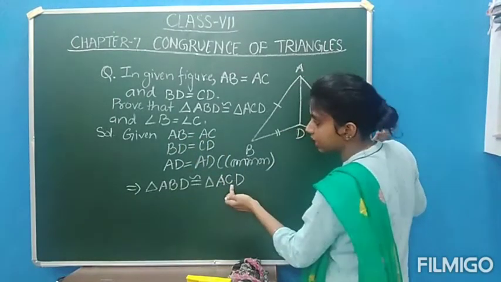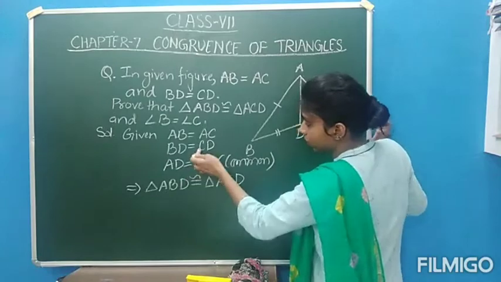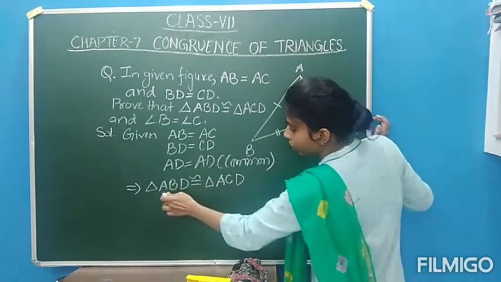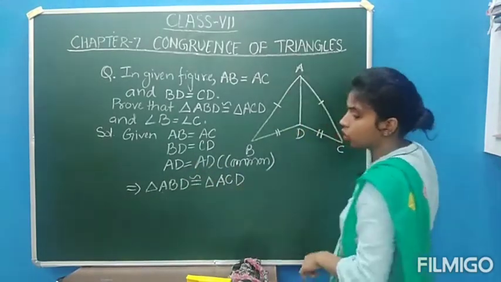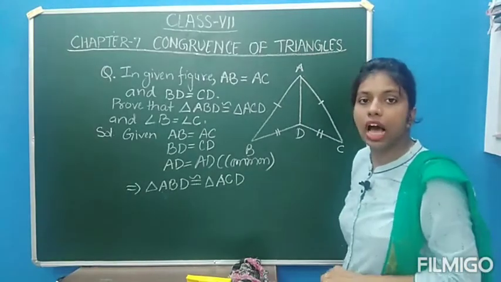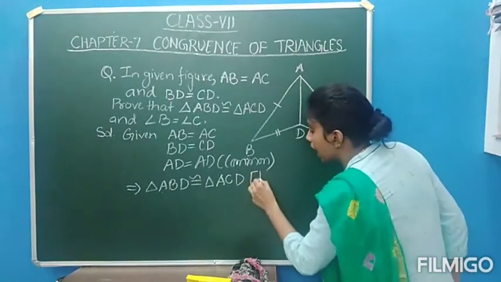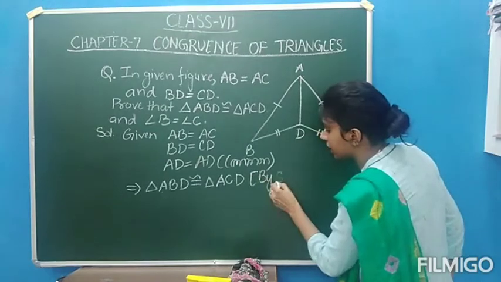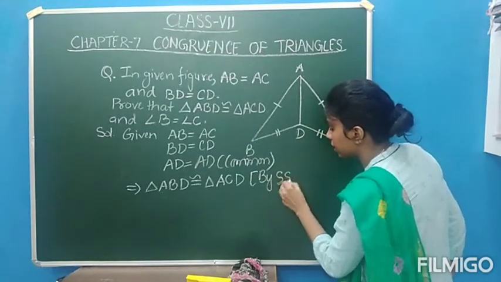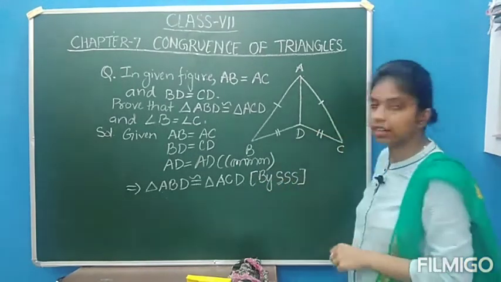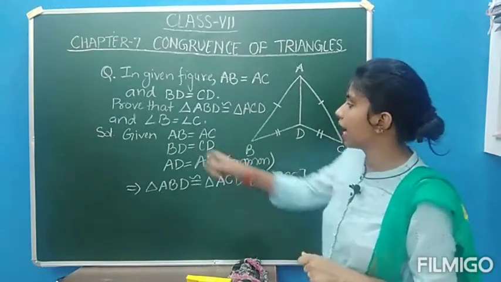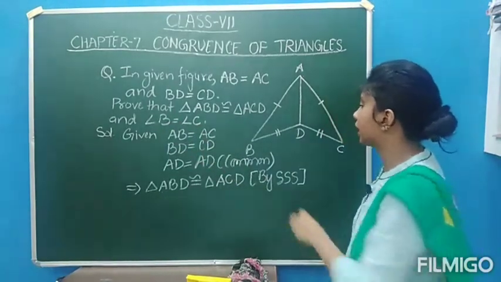AB is equal to AC. BD is equal to CD. Now AD is equal to AD. So these two triangles are congruent. How? By the criteria of side-side-side.